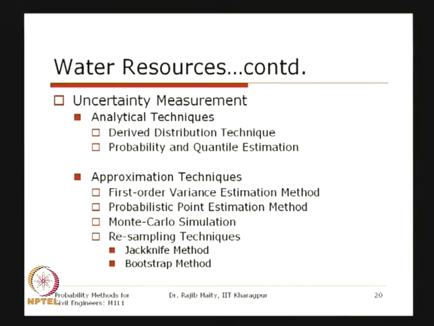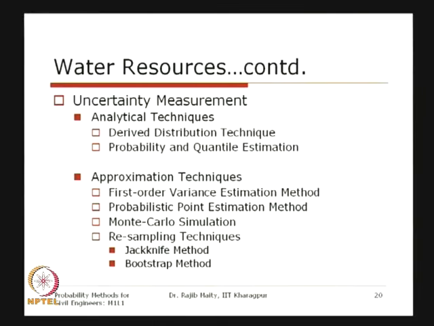For example, I am estimating the mean of a particular sample, and I am trying to give the confidence interval of that mean with respect to the mean of the population from which the sample is drawn. So this probabilistic point estimation method is one of the approximation techniques where I can give some kind of range, some kind of uncertainty band for the particular point estimate.